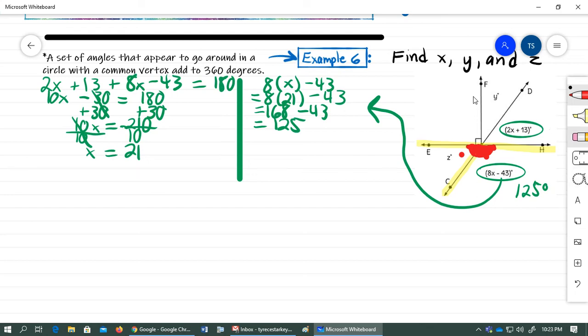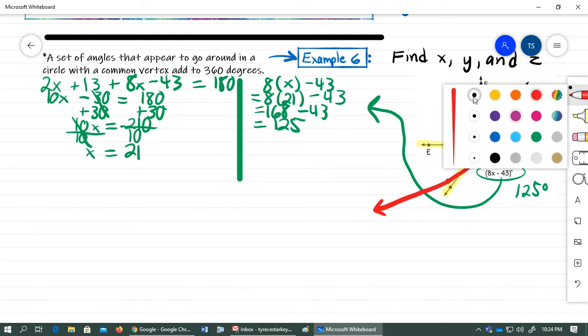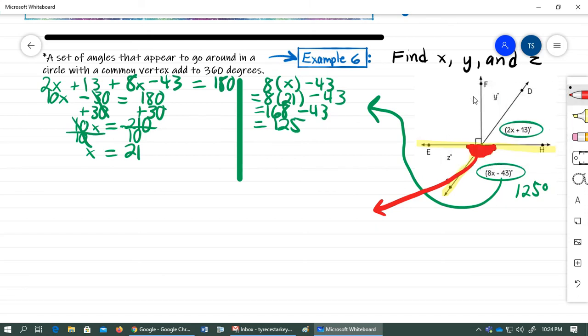If we take those two and add them, they equal 180. I apologize if this looks sloppy, guys. I'm trying to color coordinate this for you so you have something to look at and can tell what I'm trying to get at.